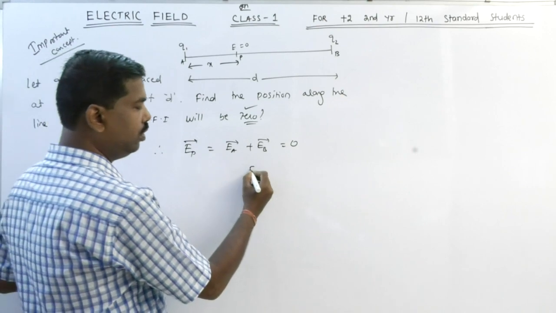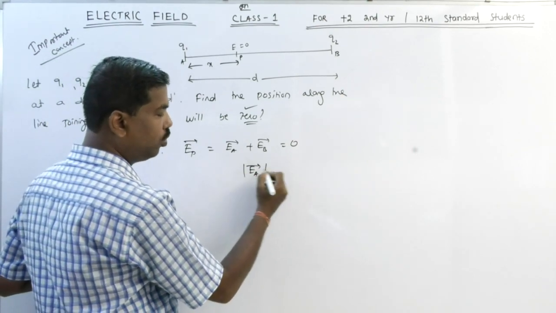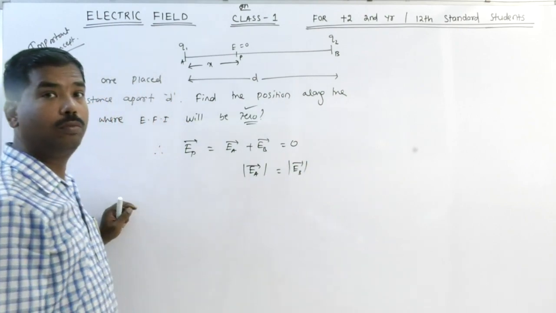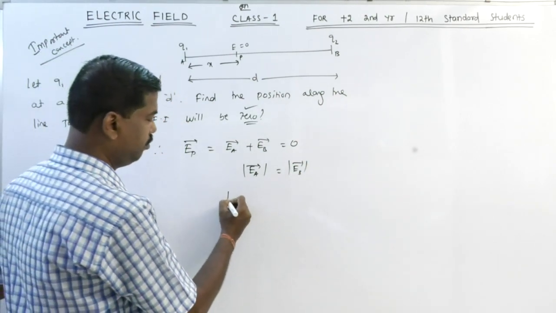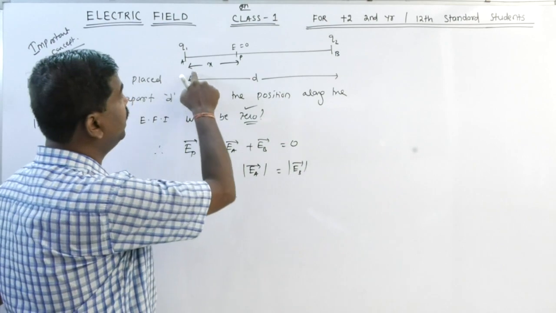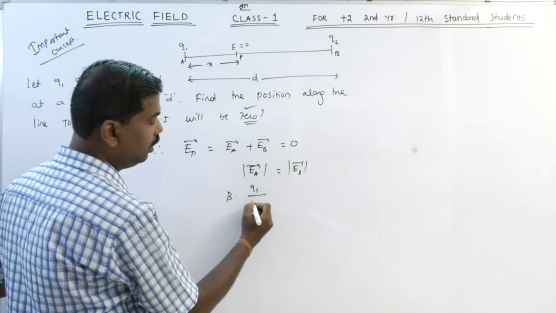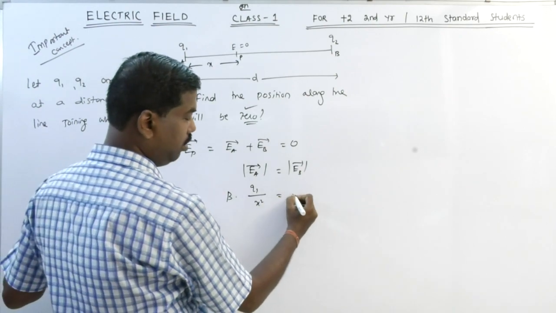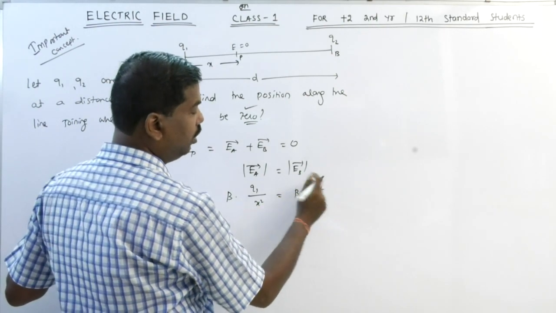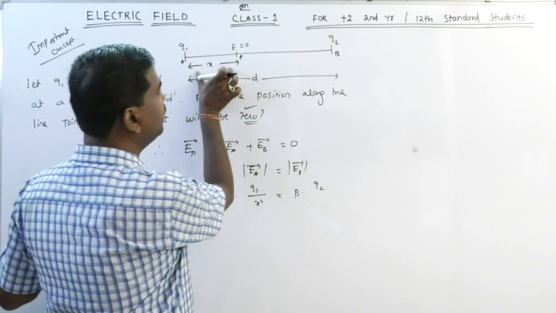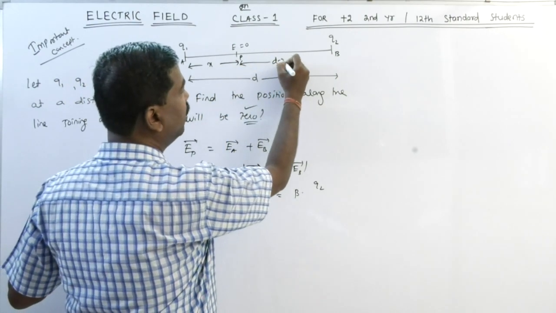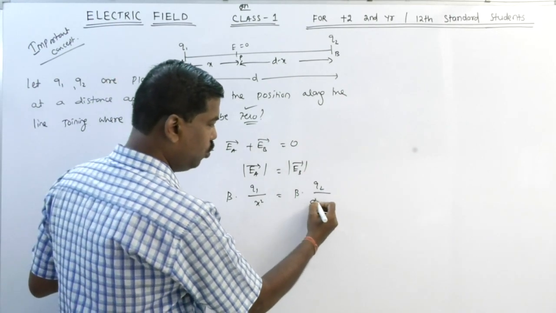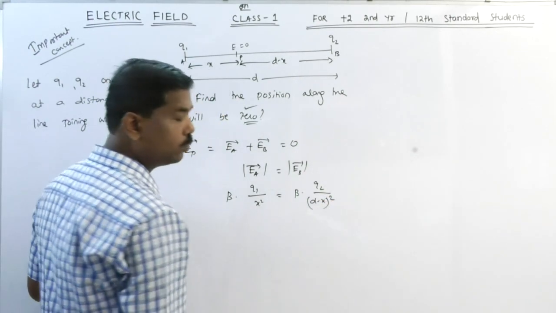If it is so, EA vector mode is equal to EB vector mode, or k times electric field at A will be Q1 by the distance x square, or k into EB. If that distance is x, the remaining distance will be d minus x, Q2 by (d minus x) whole square.